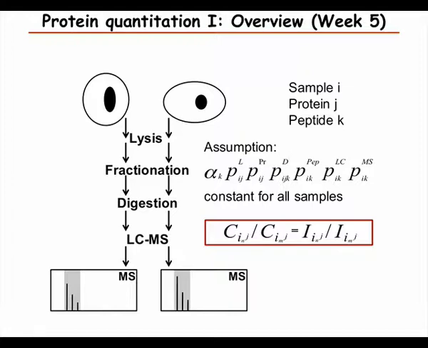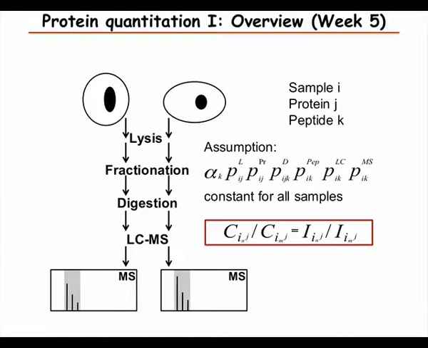One way to use this is what's called label-free quantitation, where we just run different samples one after the other and try to keep everything, all the conditions, as constant as possible.